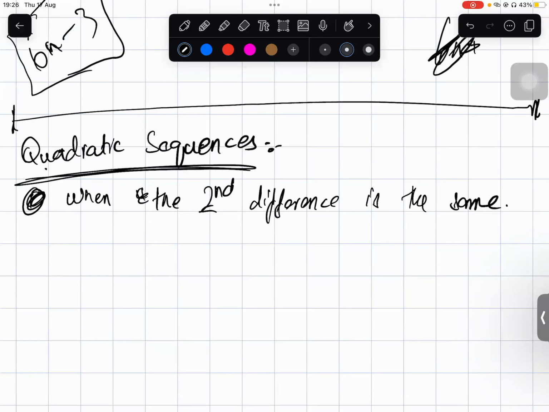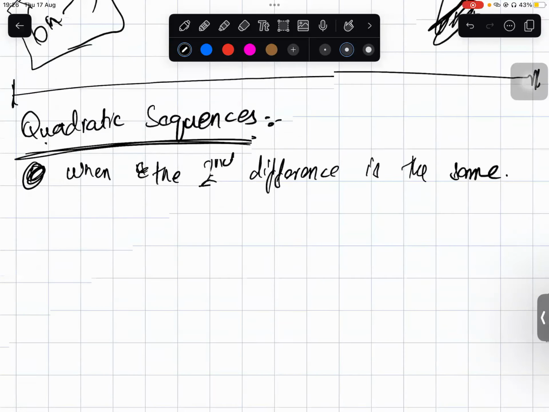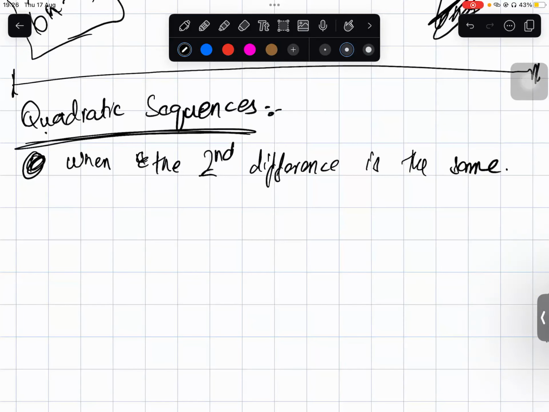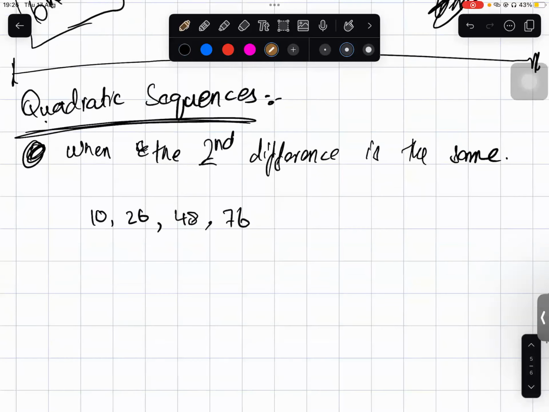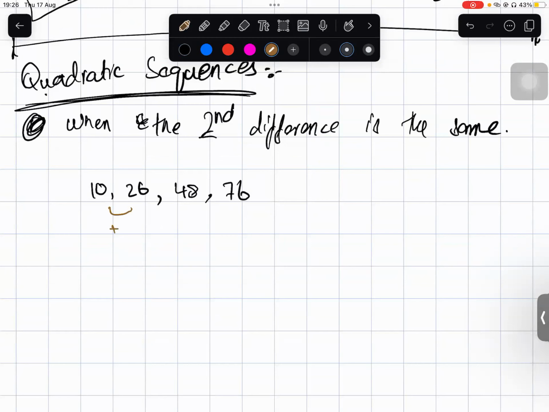And just to give you an example of this, let's say you have this sequence 10, 26, 48, 76. In this case, the difference between 10 and 26 is plus 16. Between 26 and 48 is plus 22.